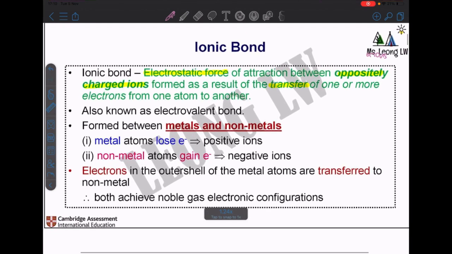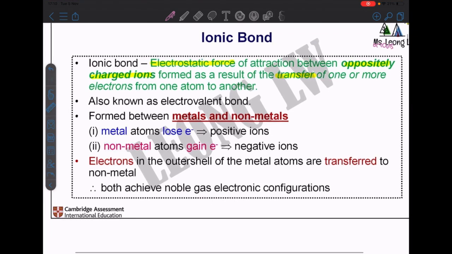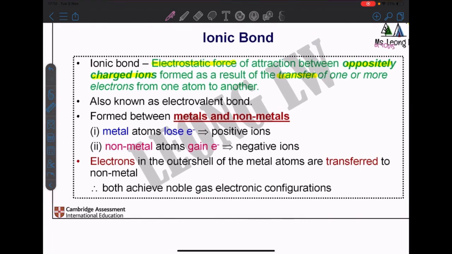So this would be the definition of ionic bond, and the ones that are highlighted are the keywords of the definition. So you have to remember that there is an electrostatic force between oppositely charged, meaning there is metal and non-metal bonding.